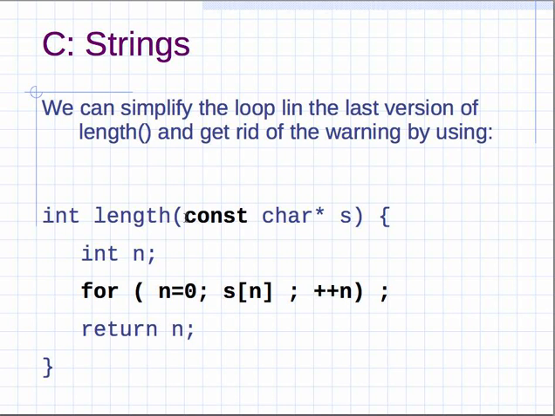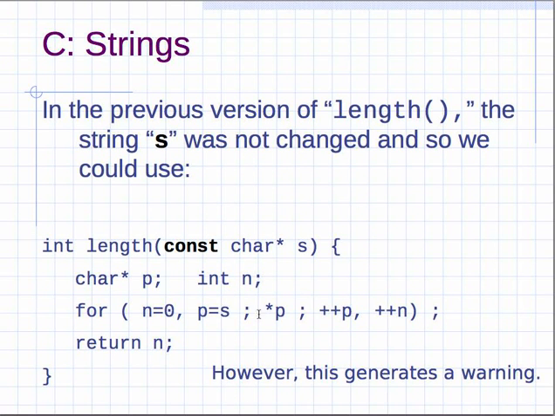We can say that s is a const pointer, and we can use s open close square bracket with some index. So we're indexing into this array of characters, and this way, if you don't use pointer arithmetic, you can bypass the problem that we had before, where the compiler was not sure whether you're changing something in s.